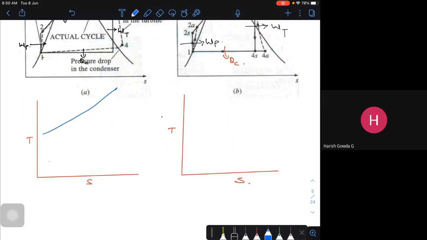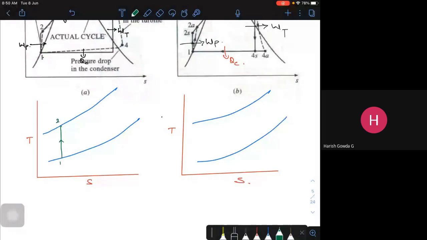Now, if the compression process is ideal, I'll be going like this, and it's isentropic from condition 1 to 2. But in an actual compressor, if it takes more work, the entropy will increase like this. So if you call this 2 dash, this will be the 2.